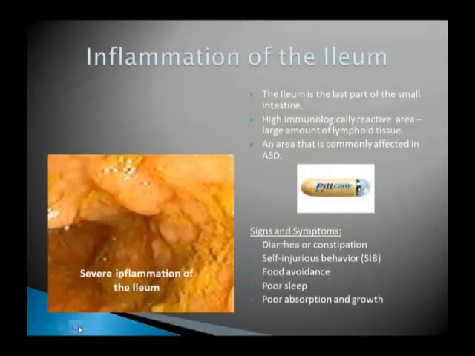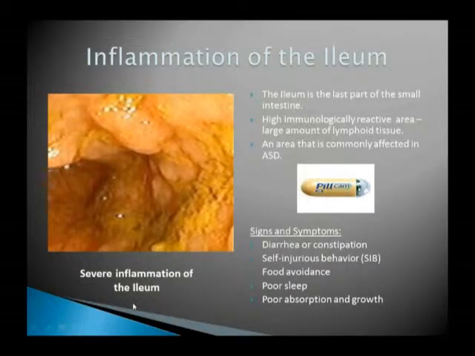And then one of the ways that inflammation in the lower bowel, the ileum area particularly, is looked at is through a pill cam. A pill cam is a camera in a pill that's dropped off in the upper part of the intestine. The child wears a monitoring belt. And then as this thing moves through the GI tract, it's taking pictures and transmitting those pictures to the recording device in the belt. This is a very effective way of looking at inflammation down in the ileum.